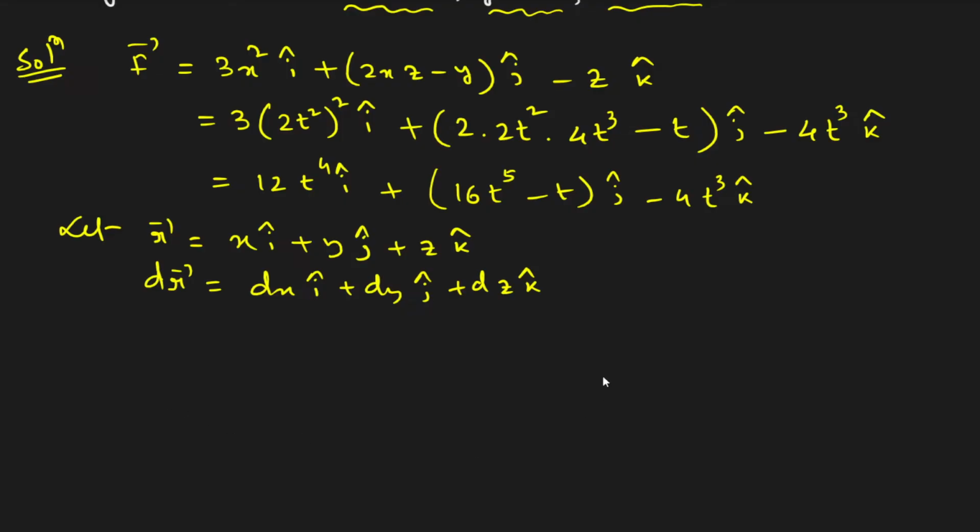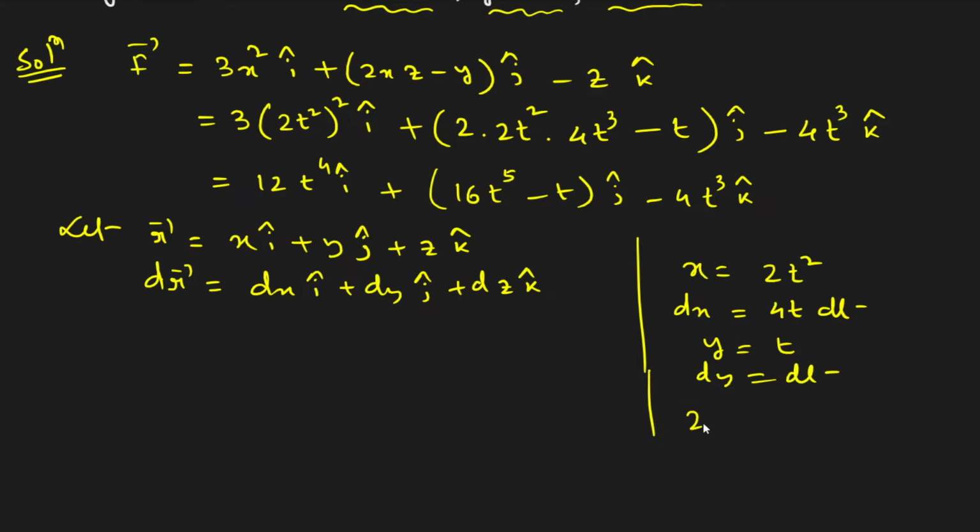Now what is dx? So x is how much? X is our 2t square. So dx will be 4t dt. Then y is how much? Y is given as t, only t. So dy will be dt, and our z is 4t cube.